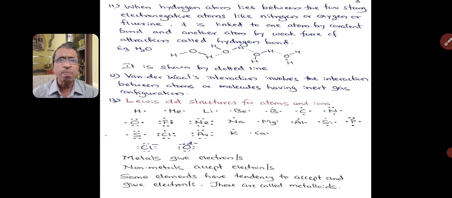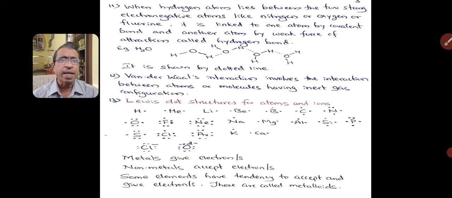These are very important ones, so you must be able to write these dot structures, remembering that hydrogen contains one unpaired electron, helium contains two electrons, of course these two electrons are paired, lithium contains one electron, beryllium contains two electrons, boron contains three unpaired electrons, carbon contains four unpaired electrons, nitrogen contains one lone pair and three unpaired electrons, oxygen contains two paired and two unpaired electrons, fluorine three paired and one unpaired electron, and neon contains four lone pairs of electrons. That's why it attains a stable gas configuration.